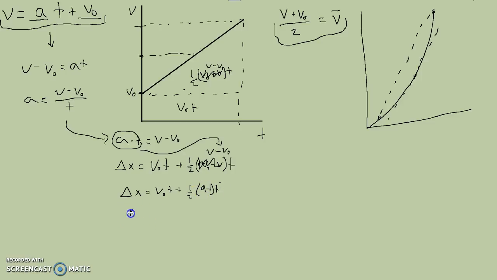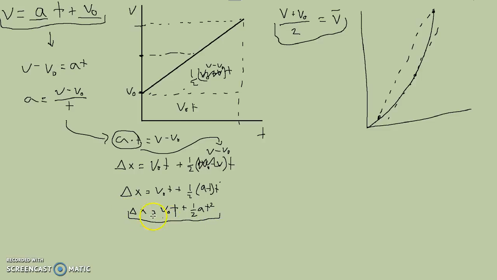Then we could simplify this and get delta x equals v naught t plus 1/2 at squared. And this is an equation that represents the displacement of an object. You might also see it referenced as position, and instead of delta x, you might see x minus starting position. But we'll use it in this form right here.